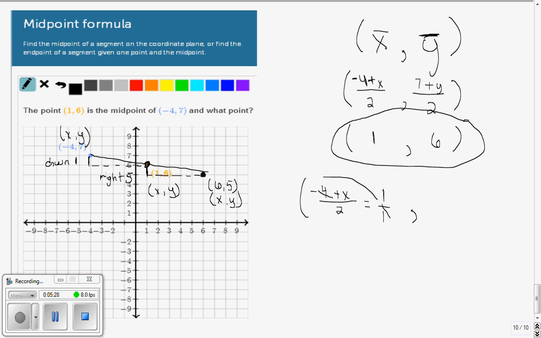And now I'm going to cross multiply. 1 times 2 is 2, and 1 times anything is itself, so this is going to be negative 4 plus x. Now I'm just solving an equation: negative 4 plus x equals 2. I want to add 4 to both sides. So x equals 6.